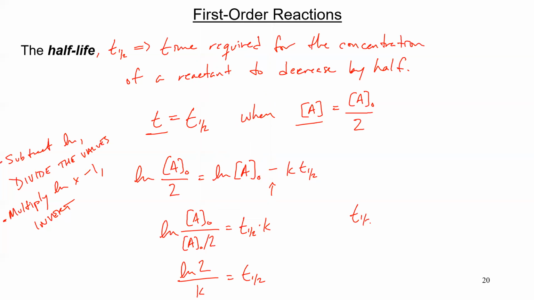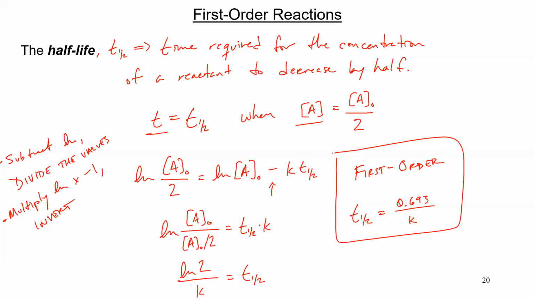And so for first order reactions, the half-life is equal to 0.693 divided by K. 0.693 is just the natural log of 2. That's what that came from. Since this does not have any variable in it, we can just convert that to a number and get rid of that natural log.